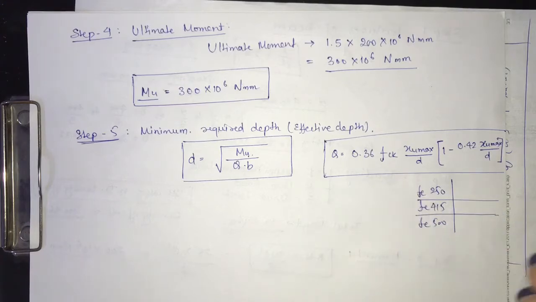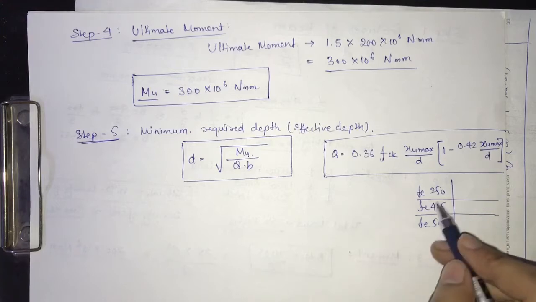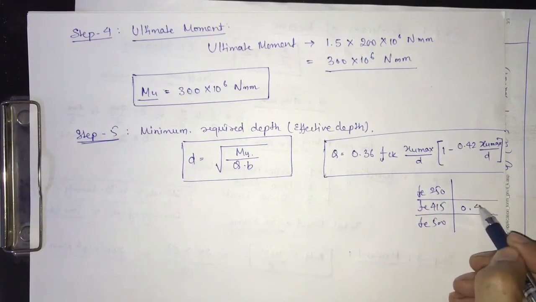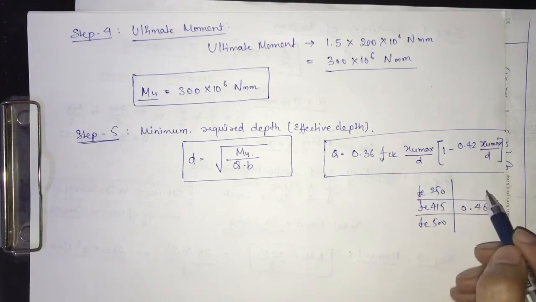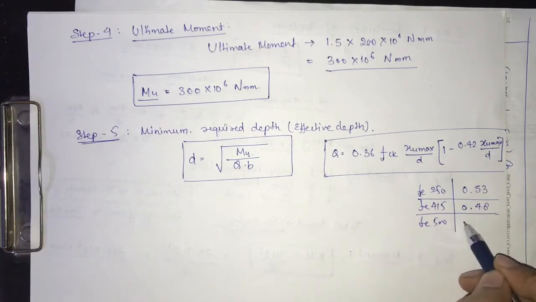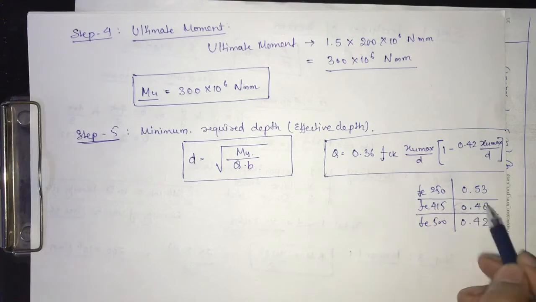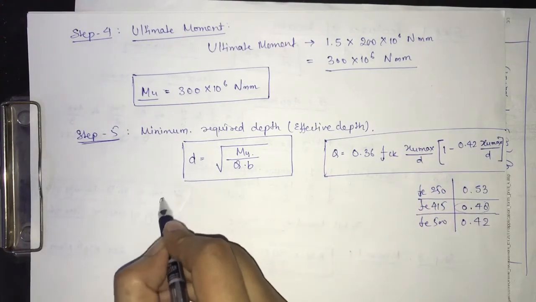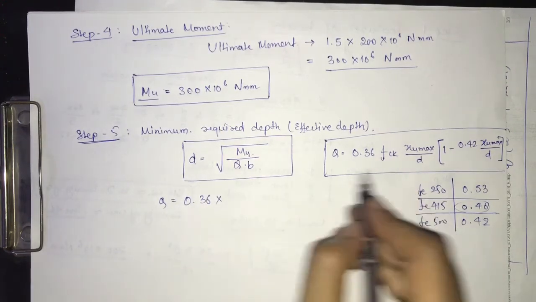And in our calculation we are using steel of grade Fe 415, so the value of xu max by d for Fe 415 is 0.48, and in the case of Fe 250 it is 0.53, and for Fe 500 it is 0.42. So we will accept this value for xu max by d, and we can calculate the value of Q. It is 0.36 fck.